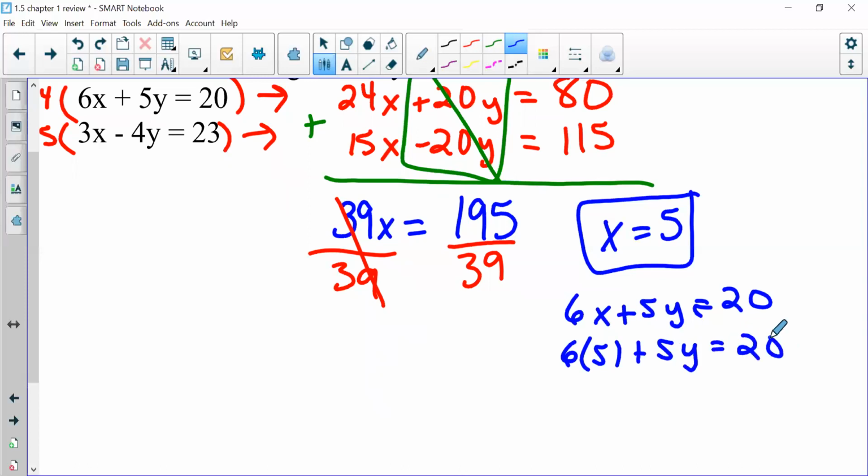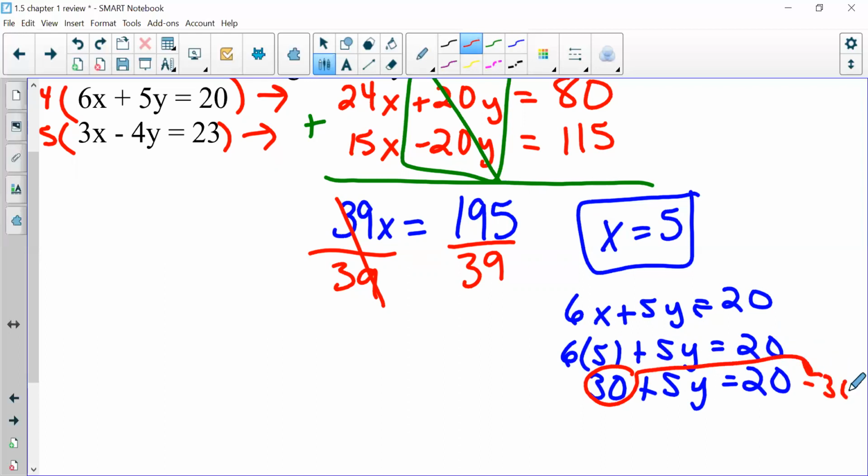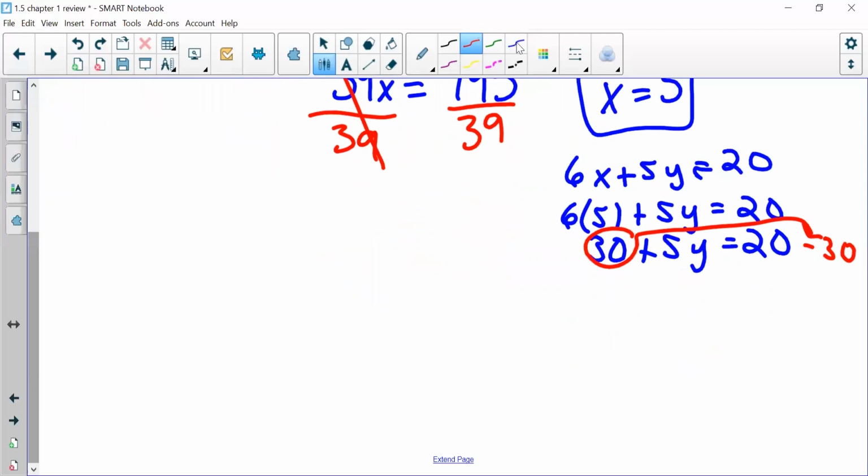Okay. Faster than I can go. 6 times 5 is 30. So 5y equals negative 10.